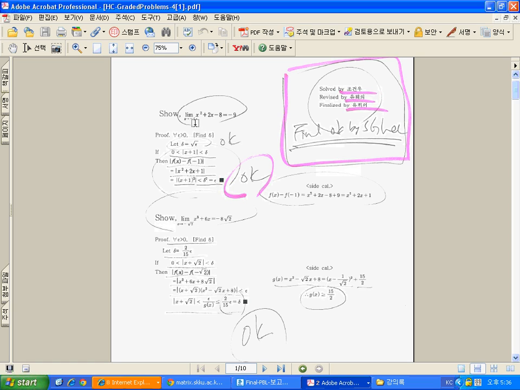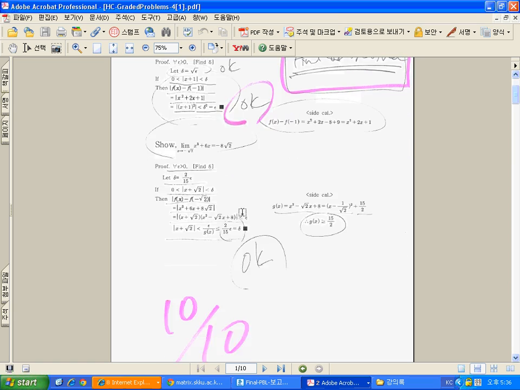So this delta condition just gives us the related epsilon easily. All you have to do is, for arbitrary epsilon, if you choose delta as the square root of epsilon, then this implies this is less than epsilon. So this is done.